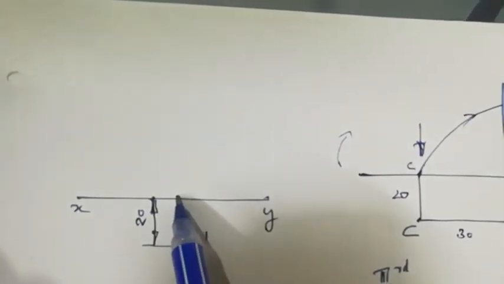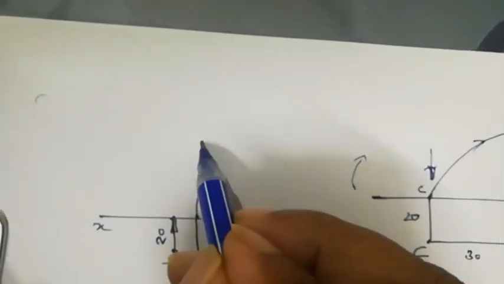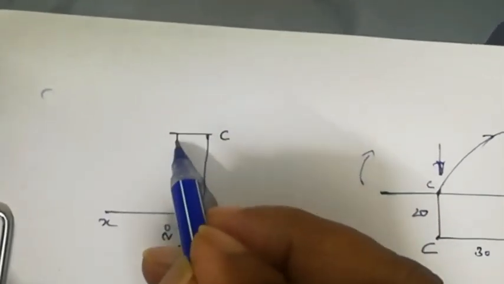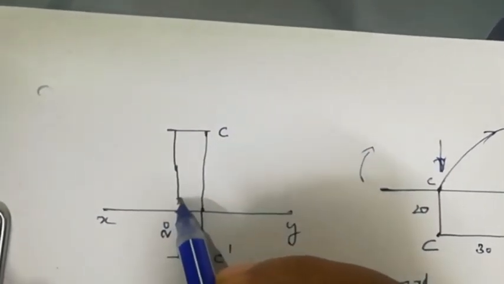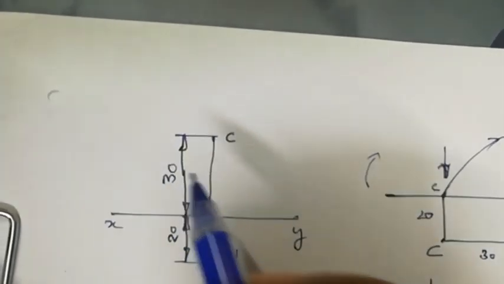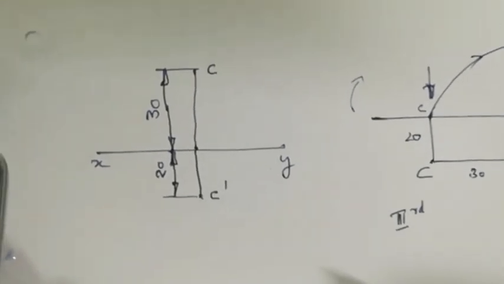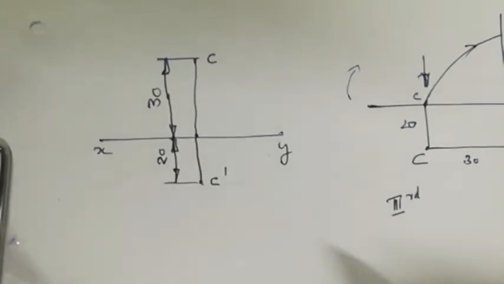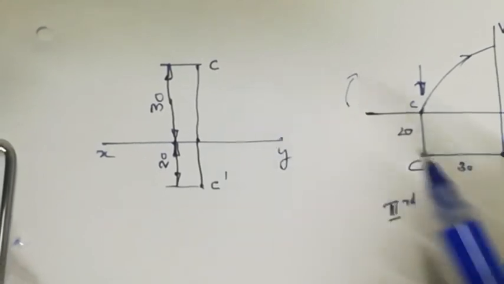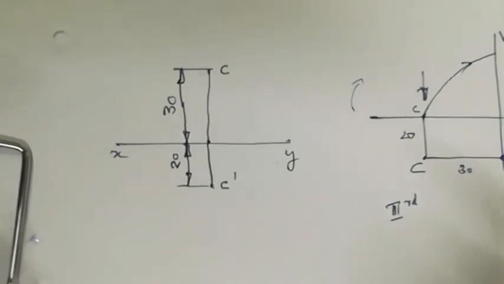And now 30 mm above you get the top view C, then you have to dimension that one also, so that is 30. This is the front view and top view of the point situated in the third quadrant. Front view is below XY line, top view is above XY line, because the point is behind VP.